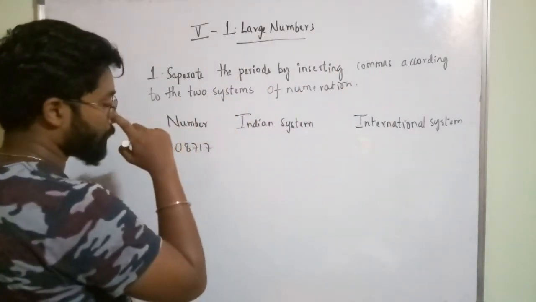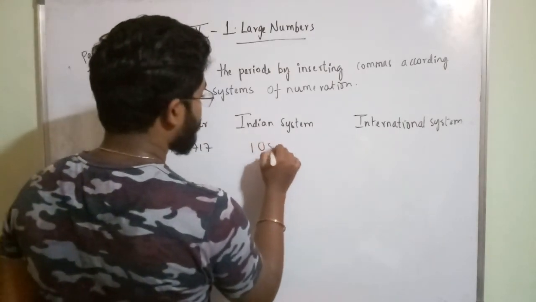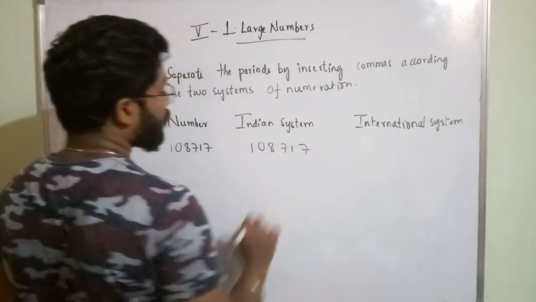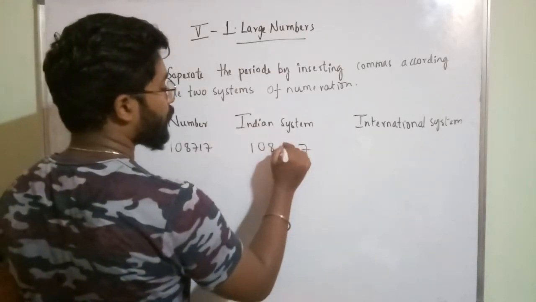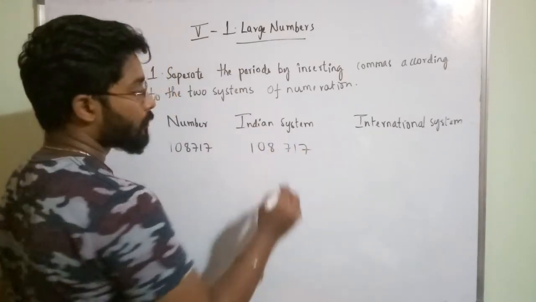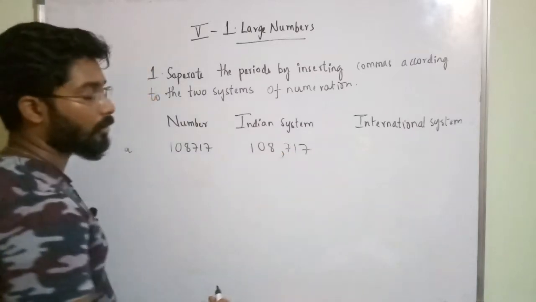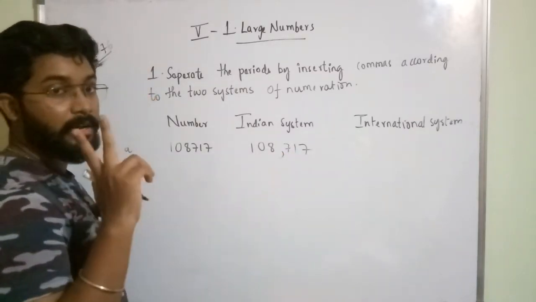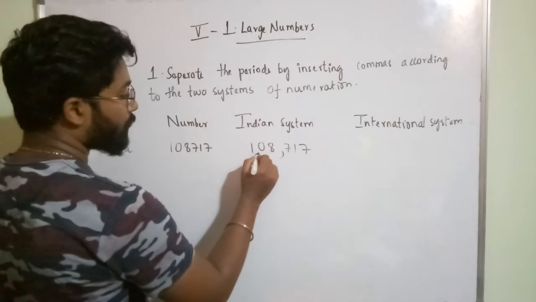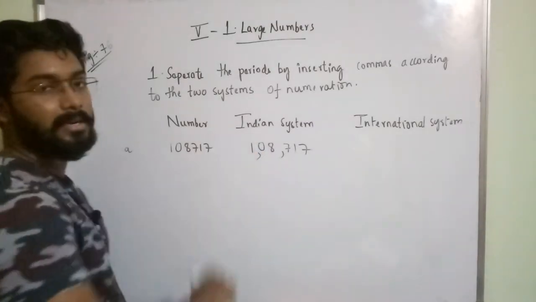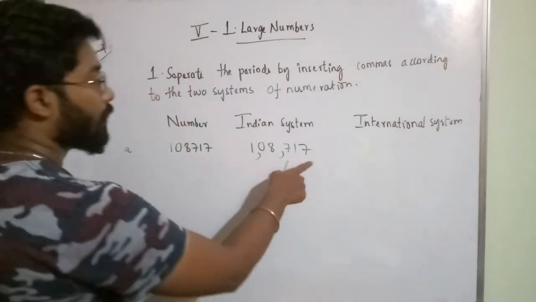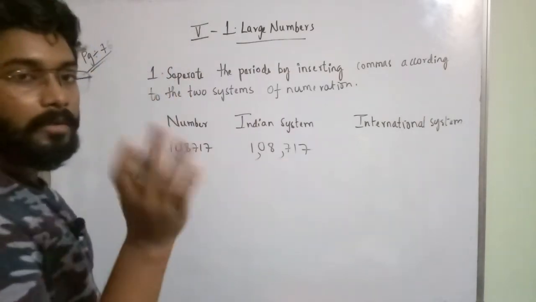In Indian system, how to separate 108717? In ones period you are having 3 digits, no? So after 3 digits you have to put one comma. In thousands period you are having 2 digits, no? So after 2 digits you have to put one comma. So what is the number? 1,08,717.